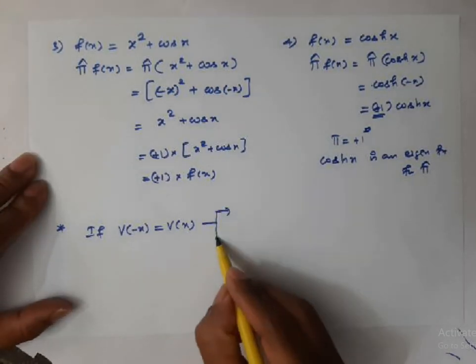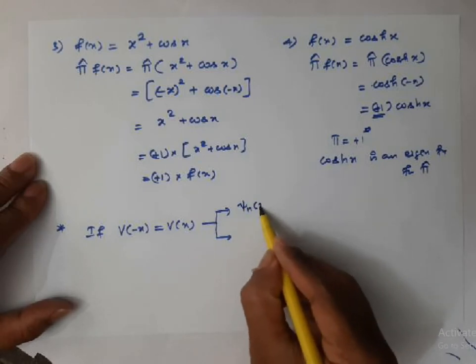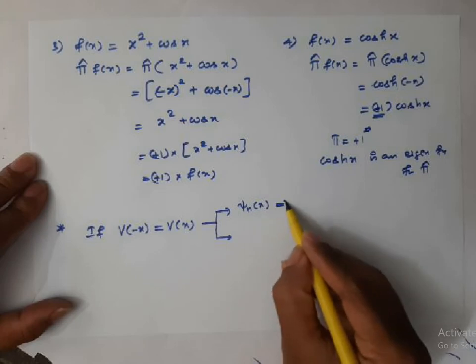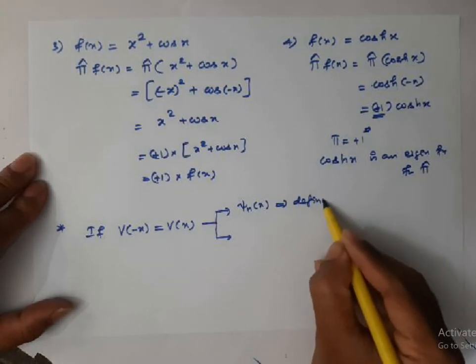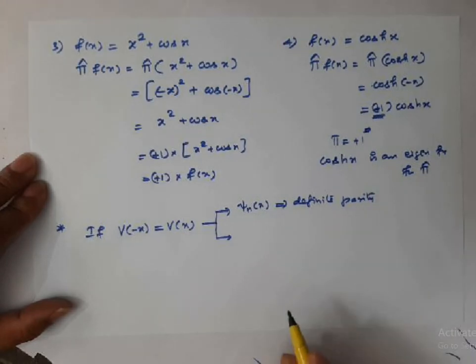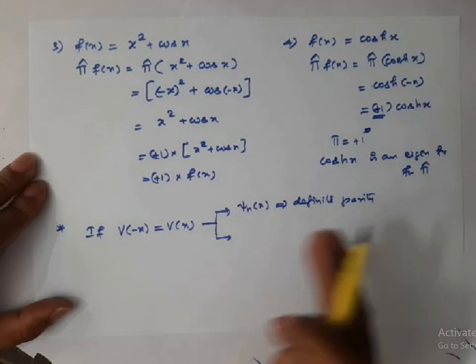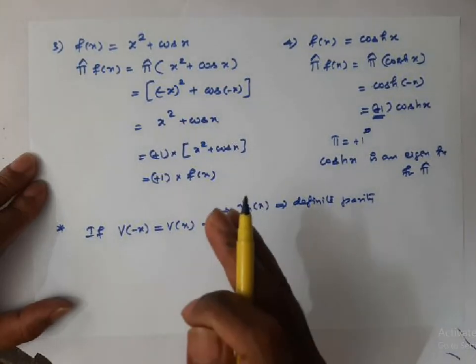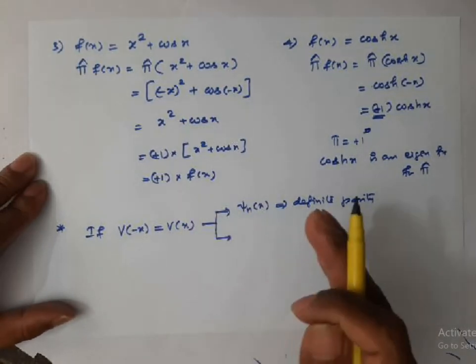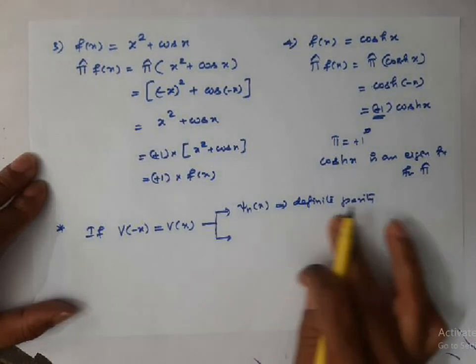One is that the wave functions corresponding to the states must have definite parity. They may be either odd or even. Usually it will exist like this: the ground state is an even function, then the first excited state is odd, then even, odd, like that it will go. That is one important point.